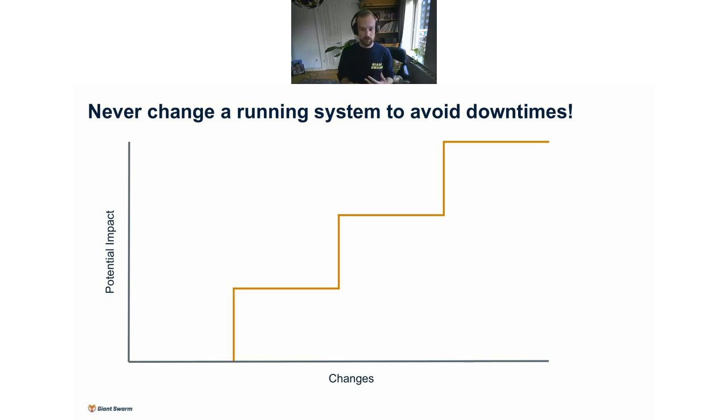And we see the change advisory board, for example, as a good example of avoiding change and trying to maintain stability at the same time.